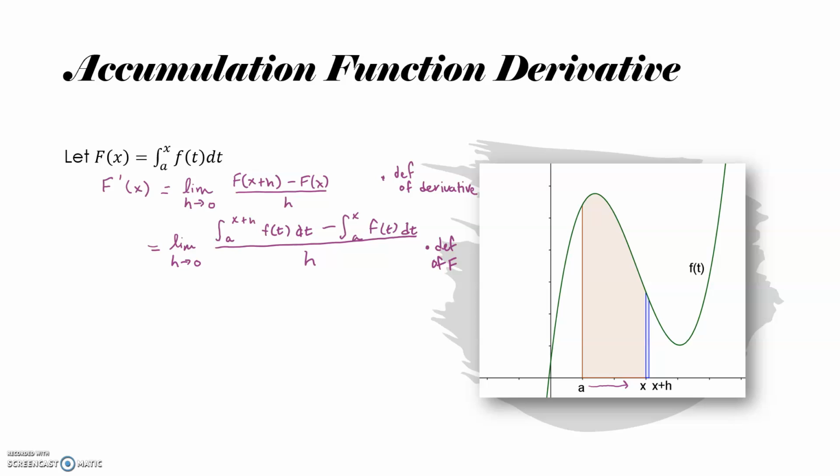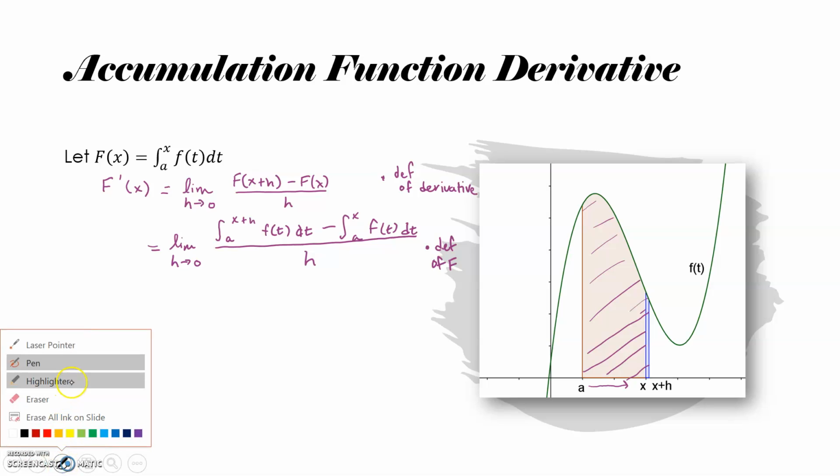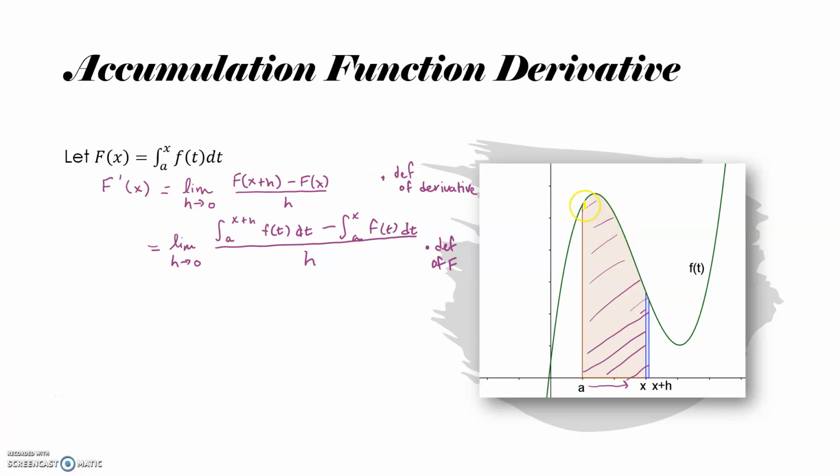Now, let's go back to our picture. The integral from a to x plus h is going to be the area of this pink part and the area of this little skinny bit here. So all together, that's all the way out to x plus h. We're going to take away from that the integral from a to x.